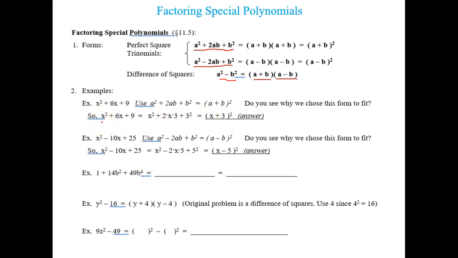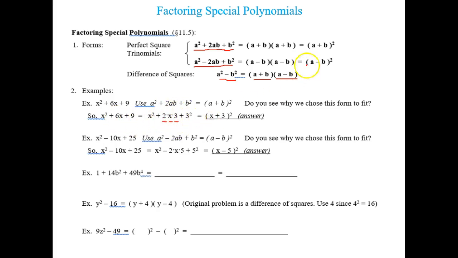So here's what you would do. You've got this trinomial. You would say to yourself, okay, that fits the form because the first and the last terms are squares, and the middle term is 2 times the first thing that was squared times the last thing that was squared, which is 3. And that's the case because it's 6x.